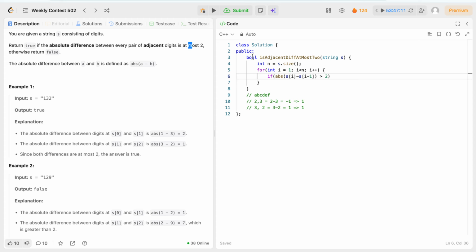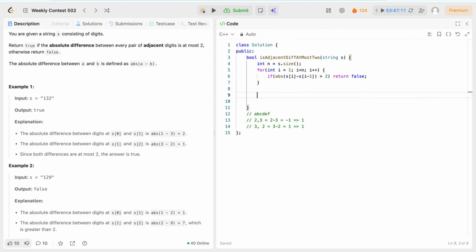So we are saying if for any pair it is greater than 2, then the answer will be false, so we will return false. And if it didn't return false, then it means for every pair the absolute difference is less than or equal to 2. So we have checked every pair, and we will return true.